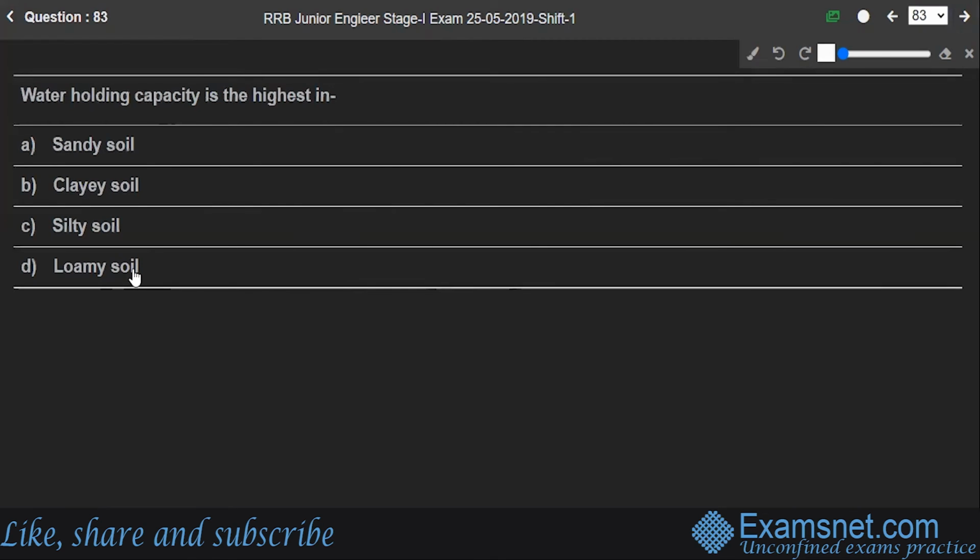See, generally, according to the particle size, soil is categorized in 3 categories: sandy, let's say silt, and clay.